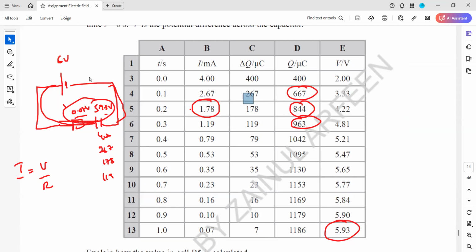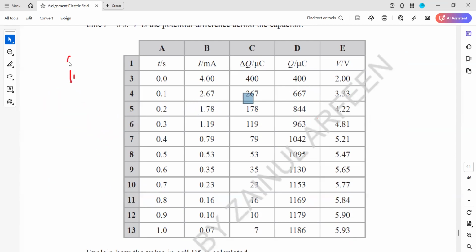Say a 6 volt supply is there, a resistor, a capacitor, and an ammeter. If I know the voltage across the capacitor, I can identify the voltage across the fixed resistor, because the remaining voltage will be across it.